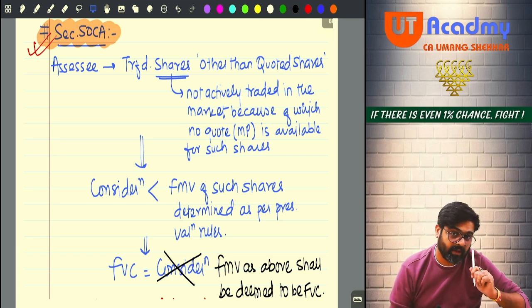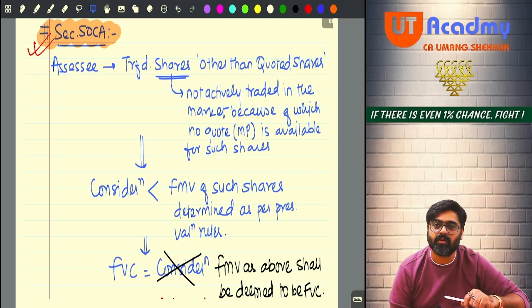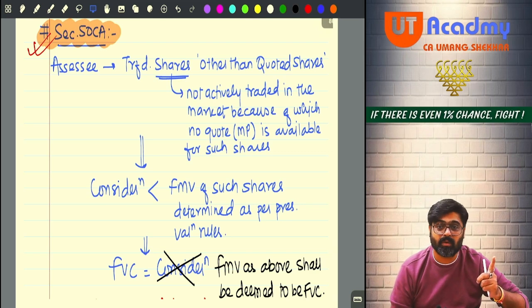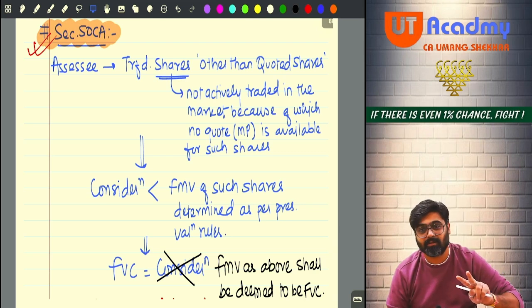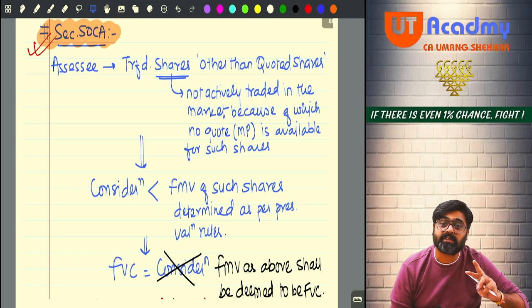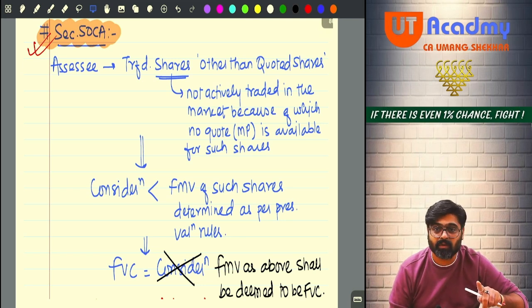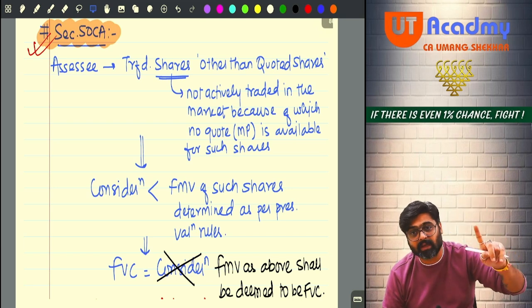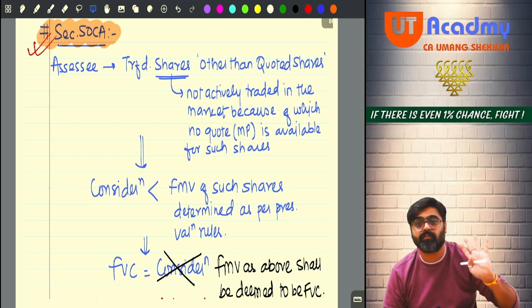Now you have to be very careful in the exams. I told you that if a capital gain question comes, it comes on only two assets, mostly: either immovable property or shares. If the question is framed on immovable property, they will definitely check your knowledge of 50C.